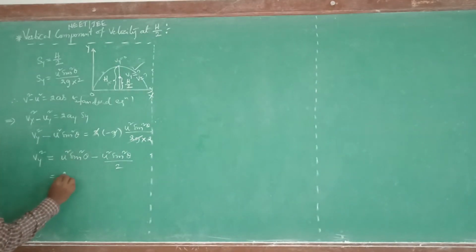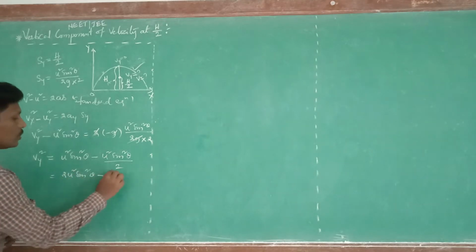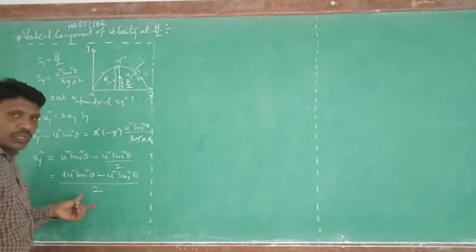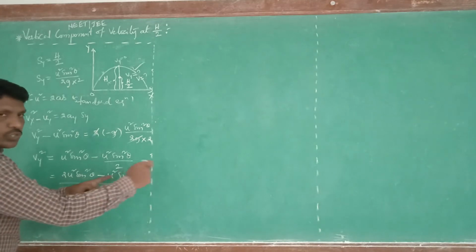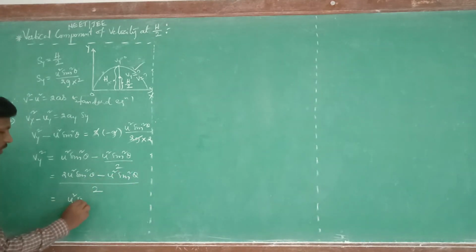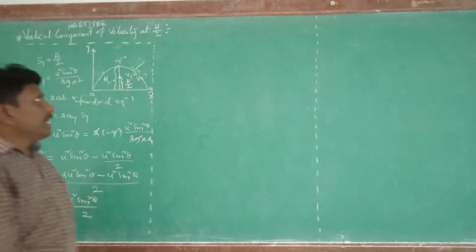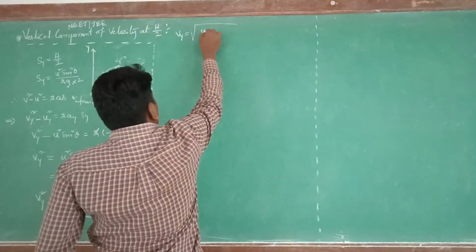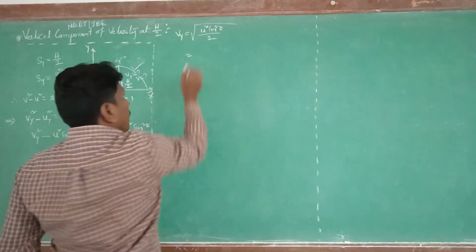Taking LCM: 2u square sin square theta minus u square sin square theta by 2. That is u square sin square theta by 2, that is Vy square. Clear? Then Vy is equal to the square root of u square sin square theta by 2.